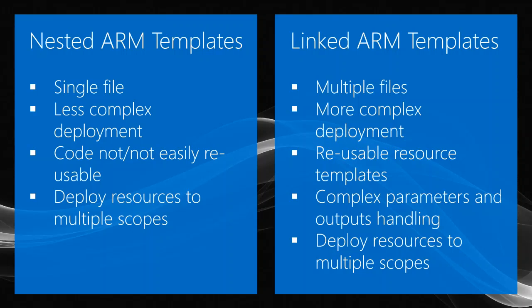Deployment itself is much easier for nested templates compared to linked templates, but of course the authoring experience, at least to me, is much harder for nested templates compared to linked templates. The reusability of code, well, this is definitely where linked ARM templates have their big advantage, because you can reuse your resource templates all the time for all of your services that you're actually deploying, right?